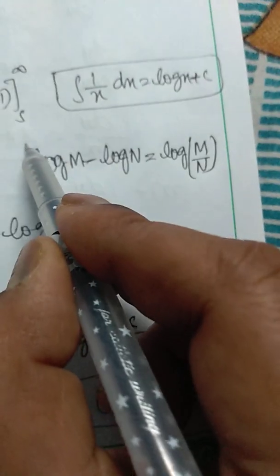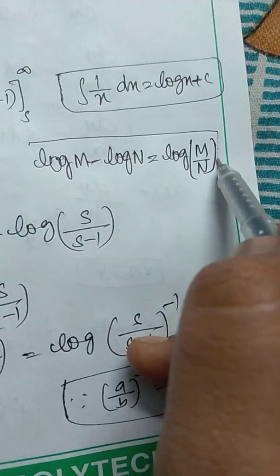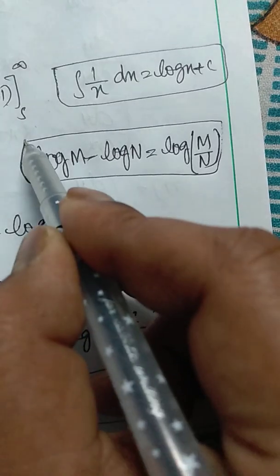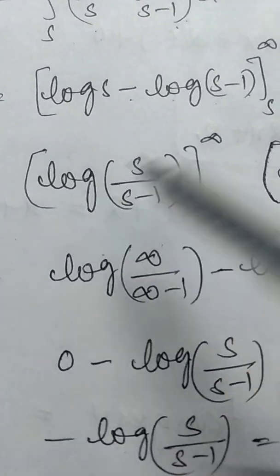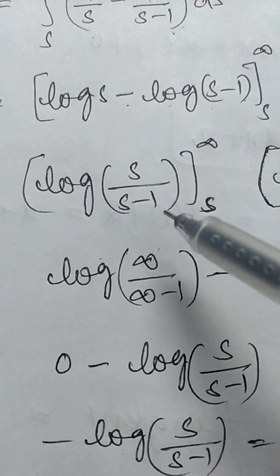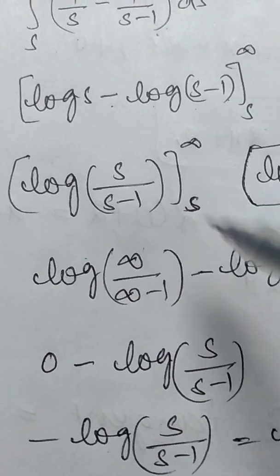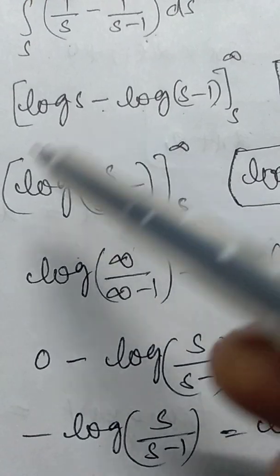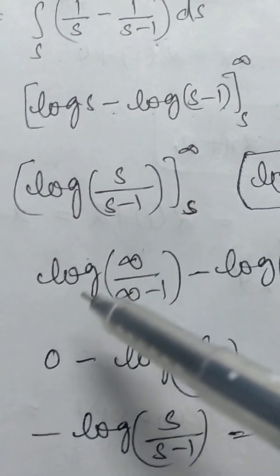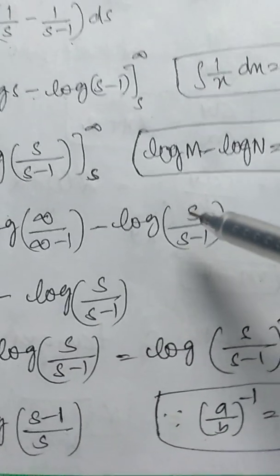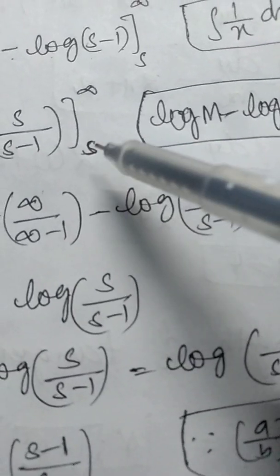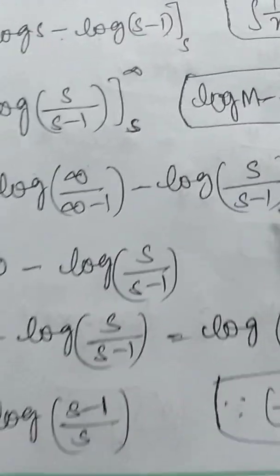So applying this formula, we get logarithm of s divided by s minus 1 between the limits s to infinity. Put s is equal to infinity in logarithm of s divided by s minus 1. We get logarithm of infinity divided by infinity minus 1, minus the logarithm of the lower limit. Put s is equal to s, we get logarithm of s divided by s minus 1.